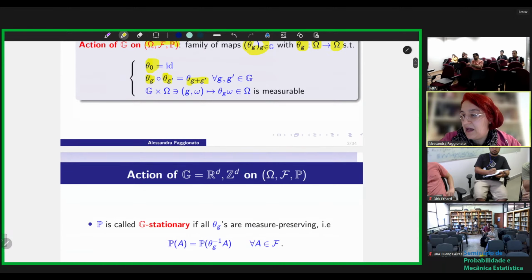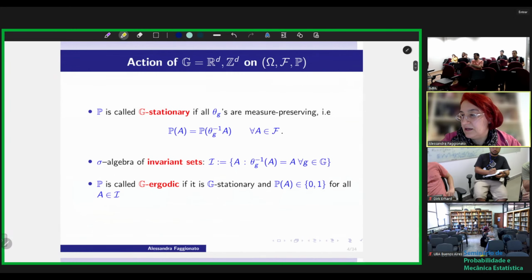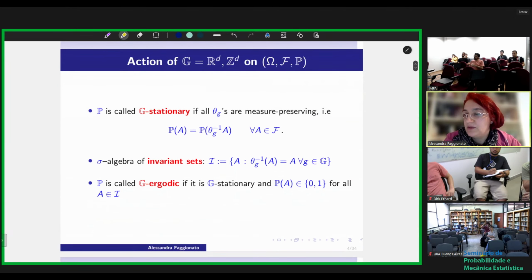Okay, and I recall some standard terminology. Just a quick question: sometimes people ask the group identity property to hold almost surely in omega.